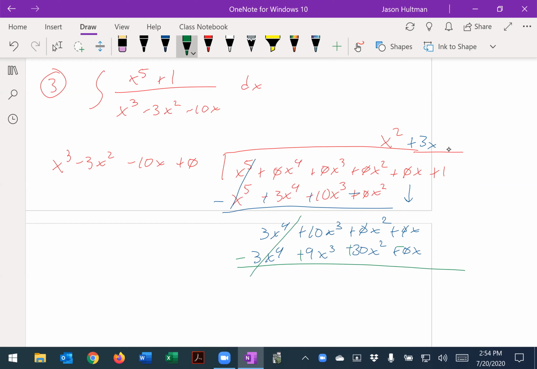This becomes 19x cubed, plus 30x squared plus 0x, and then you could bring down the 1 if we wanted to. 0x plus 1.